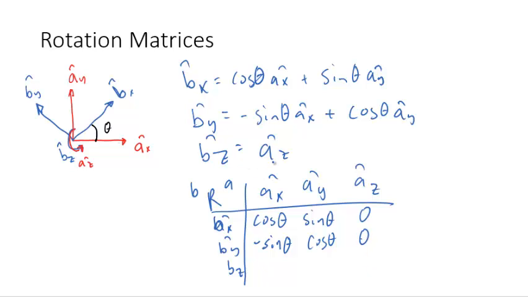BZ can be described by simply AZ. So 0, 0, and since they're equivalent, we have a 1. This will describe the rotation from the bases B to the bases A. Recall that the rotation from A to B is simply the rotation from B to A transposed.